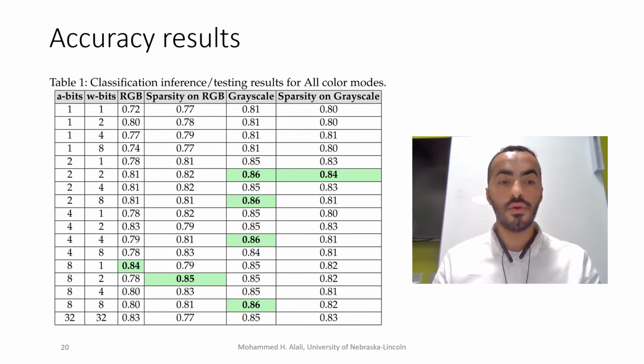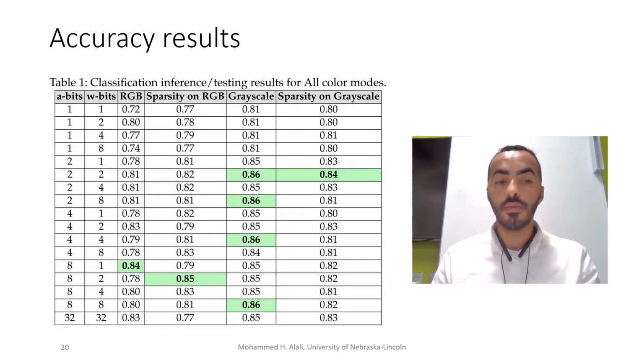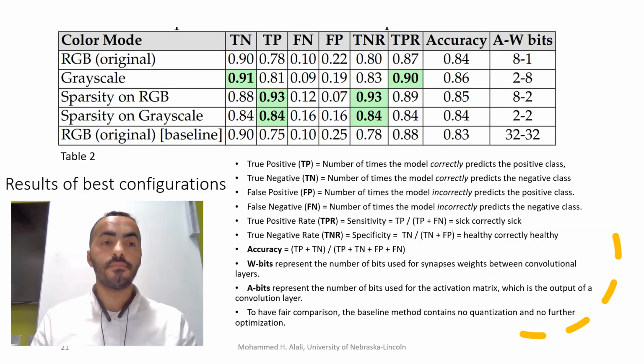We have 4 configurations that give the best accuracy, and on sparsity on grayscale, when A bit is 2 and W bit is 2, it performed best. You can see here that with the 3 color modes, we found best or similar accuracy to the RGB.